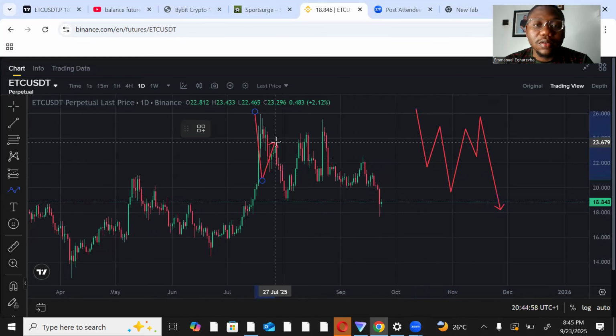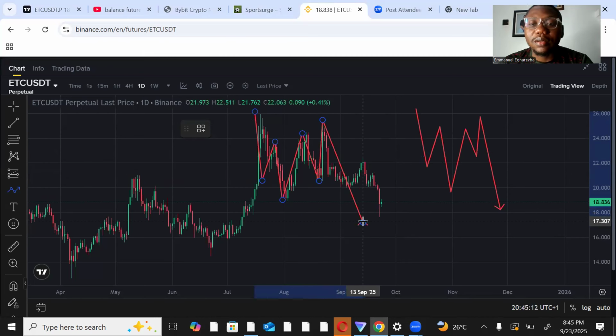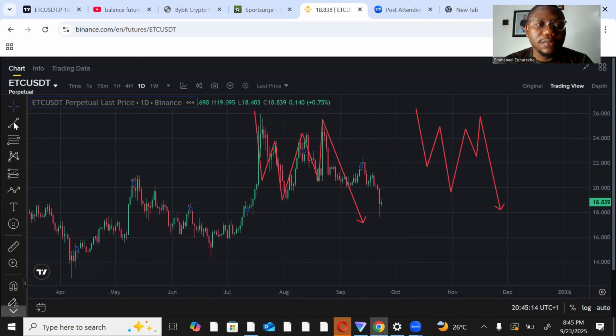Let's do this together. Look at this. We have a breakout structure. We have an inducement. Price goes back, taps into the order block. You can see the massive move down. Then it breaks structure again.